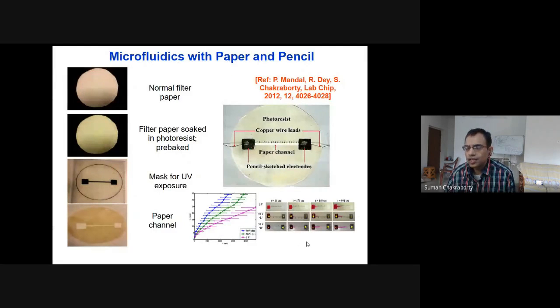The technology can be further advanced by making pencil sketches on a piece of paper.